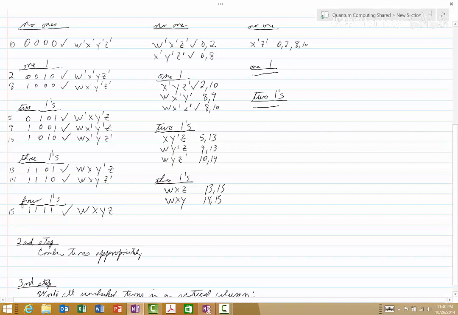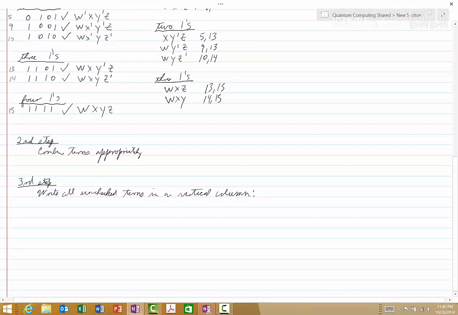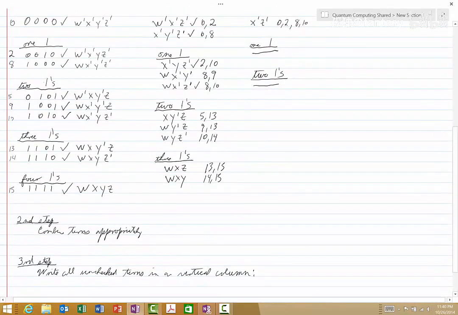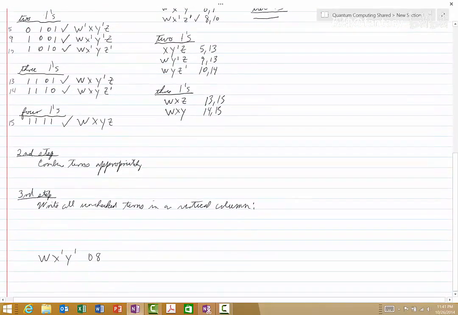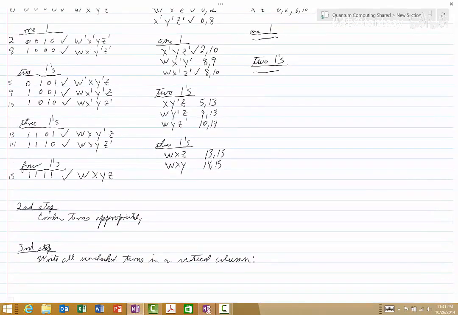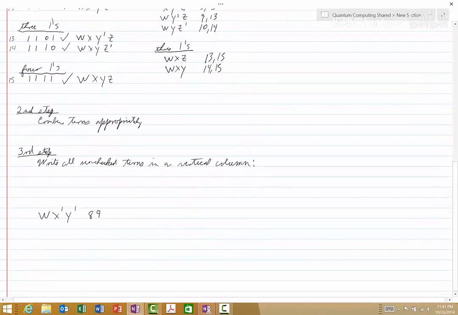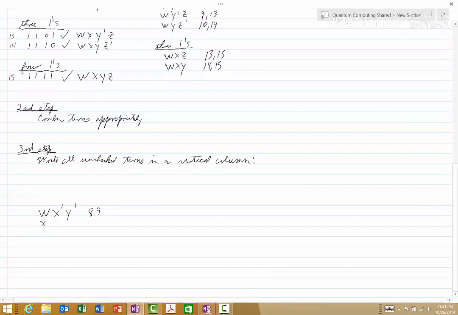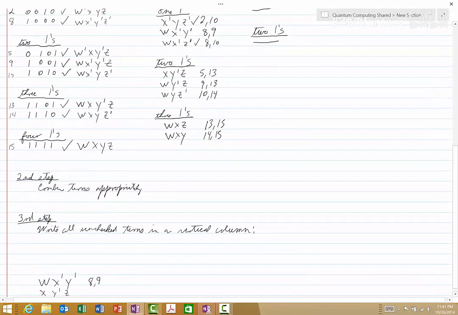When we go to the second column, we see the first one that is unchecked is W, X prime, Y prime. So we have W, X prime, Y prime, and that is 8, 9. The next one that has no check mark by it is X, Y prime, Z, which is 5, 13.